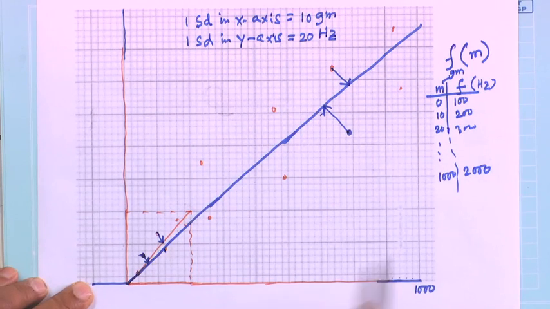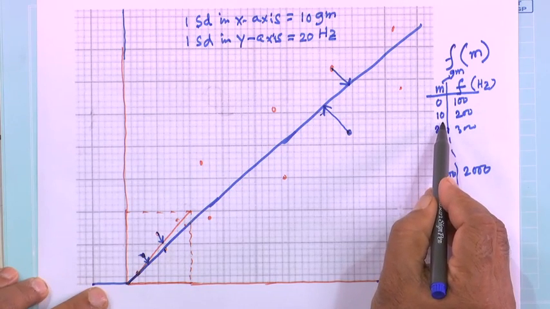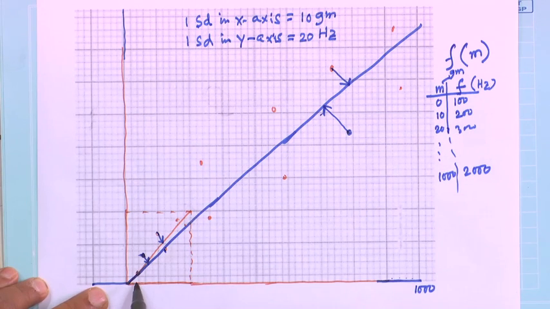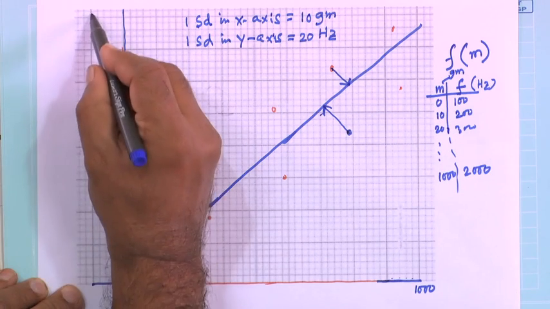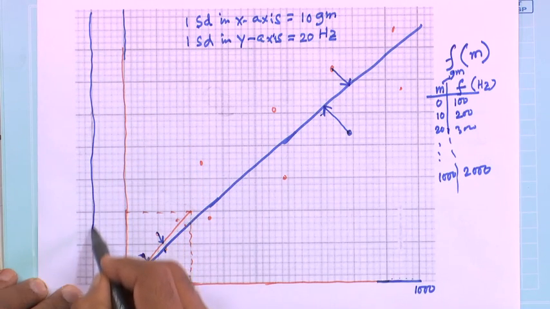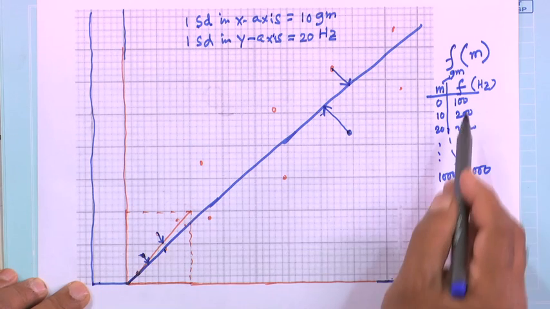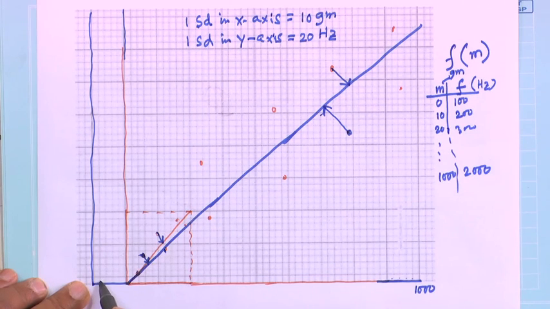Now, from your data, if it is 10 gram, it will be just one box, so I have to shift like this. So this is 10 and hertz is 100, that means I have to go 5 divisions, 1, 2, 3, 4, 5. So make it a circle.